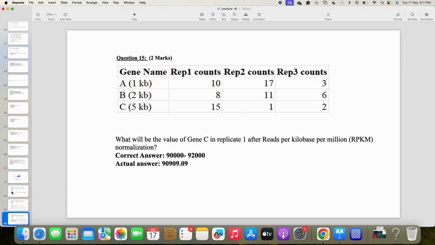What are the normalization methods between the samples or within the samples? How do we normalize our data before analyzing it? We need to be sure there are no technical biases in our sample which are hindering our biological variance. So for that you need to normalize your data first to analyze it.